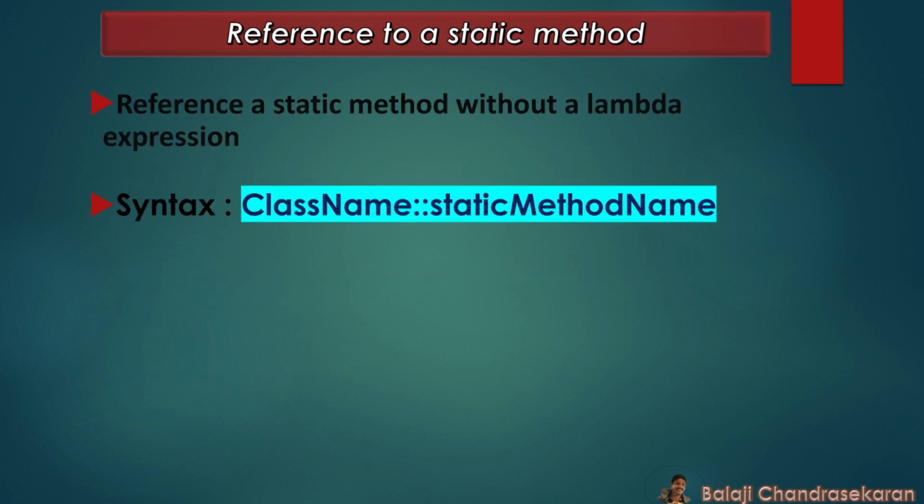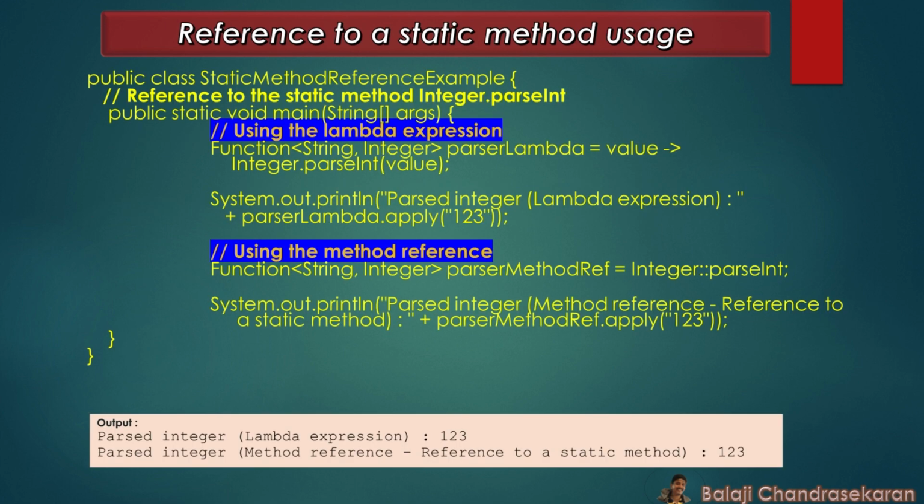In Java 8, static method reference allows you to reference a static method of a class without explicitly creating a lambda expression. A reference to a static method is denoted by the syntax ClassName::staticMethodName. In this example, Integer::parseInt is a reference to the static method parseInt of the Integer class.